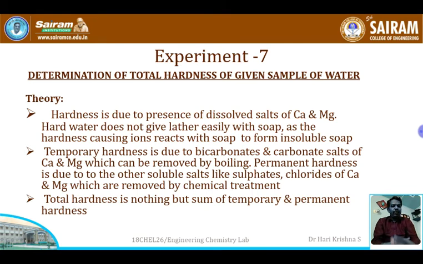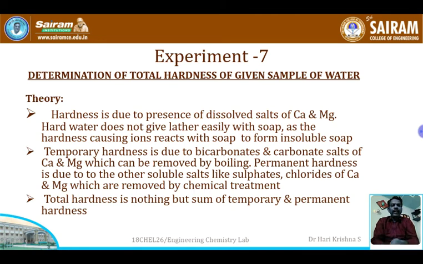So how do we determine this total hardness? We will take a sample of water, add a buffer to maintain pH, and add an indicator, Eriochrome black T indicator, and titrate it against the disodium EDTA taken in the burette until you get a change in color. By knowing the volume of Na2EDTA consumed, we can estimate the total hardness present.